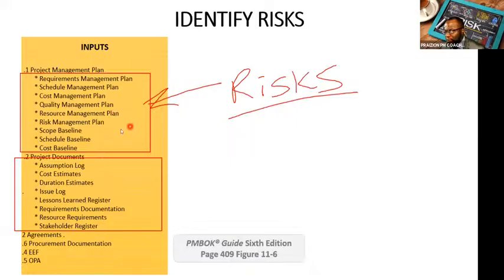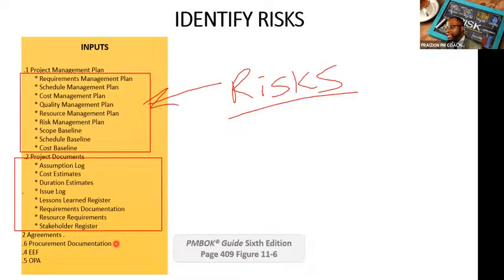So these planning components and these documents, coupled with the contract, so agreements, just remember contracts are in there. Procurement documentation could also be riddled with risks in some instances. The choice of the procurement or contracting vehicle could also be something you want to think of.